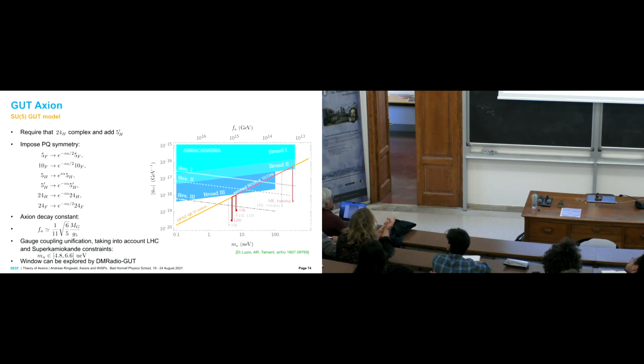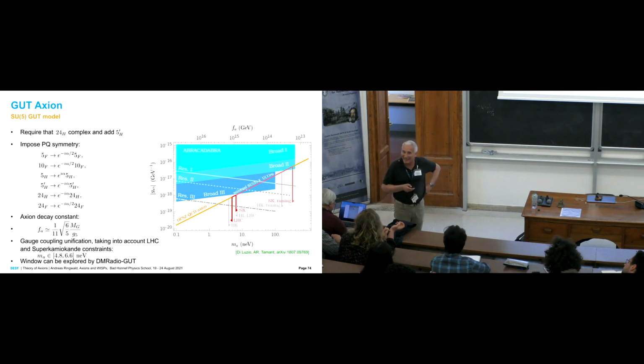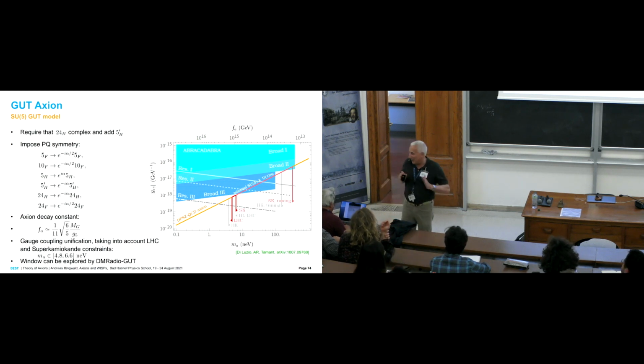Remember the time scale of DM Radio GUT? It's really far future, right? But not so far future as the FCC-hh, I think. I'm only normally talking about things which I hope I can still see in my lifetime, so I don't think it's more than 20 years.